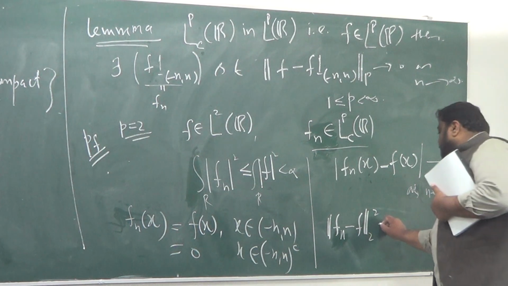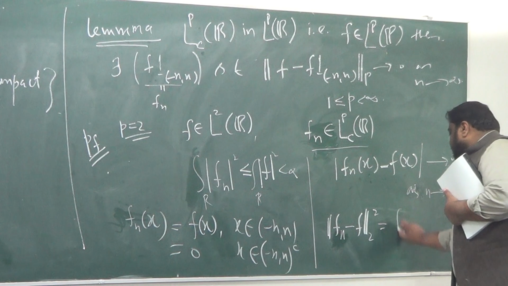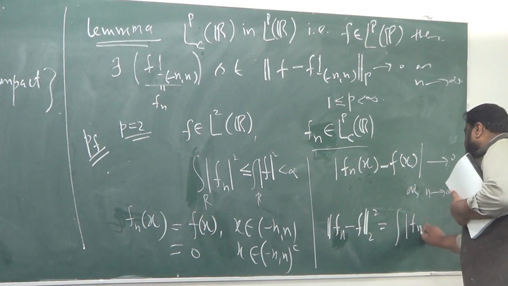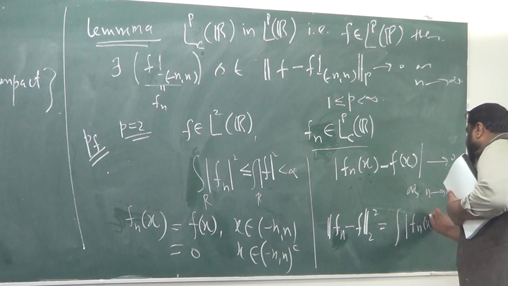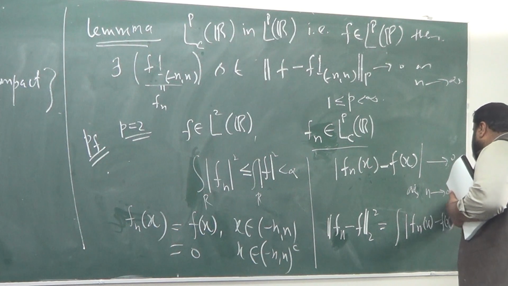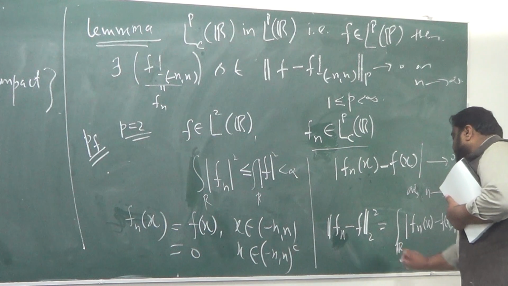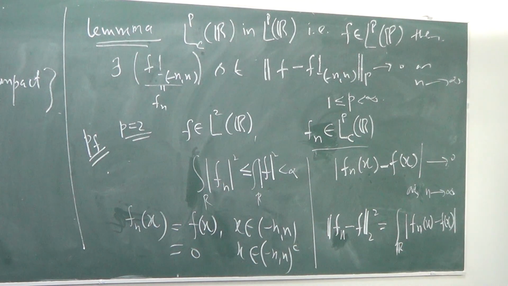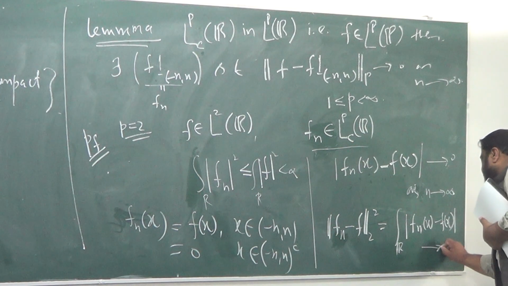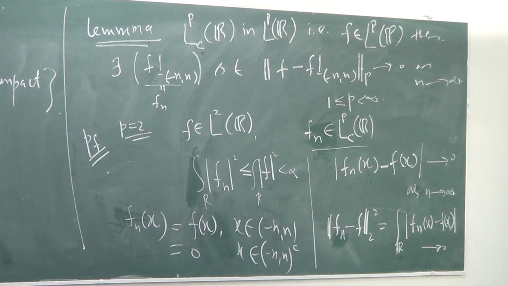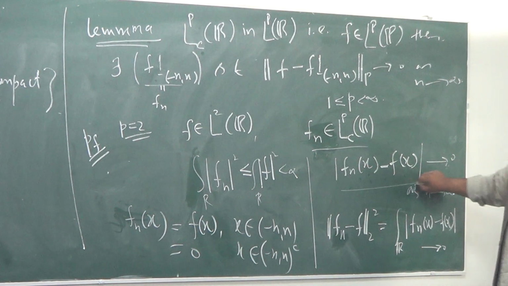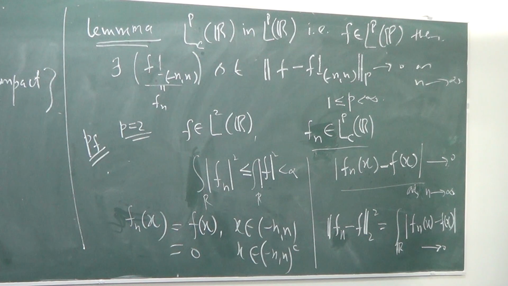Why should this go to 0? Because the integrand is going to 0. It's a less precise argument actually.